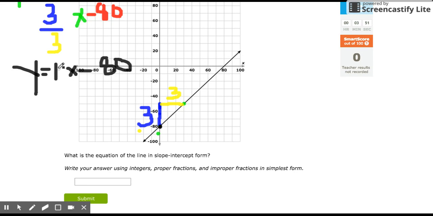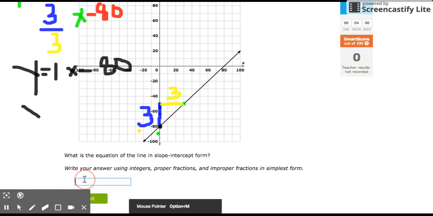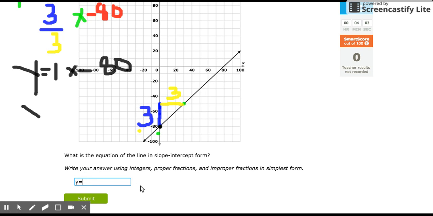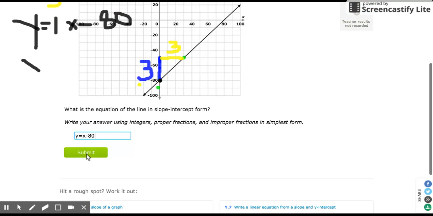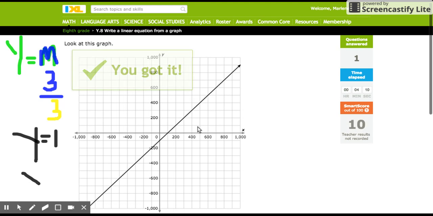But remember, you don't need this 1. So let me go ahead and type my answer. You don't need that one, so y equals x minus 80. I'm going to see if it takes this. It might want the 1. All right, it didn't need that one.